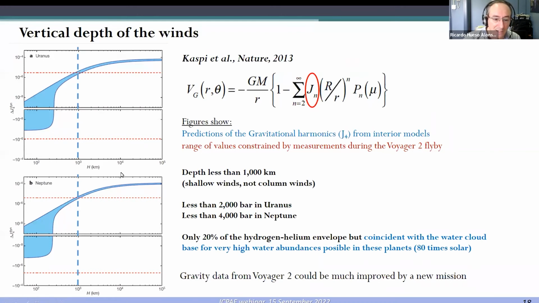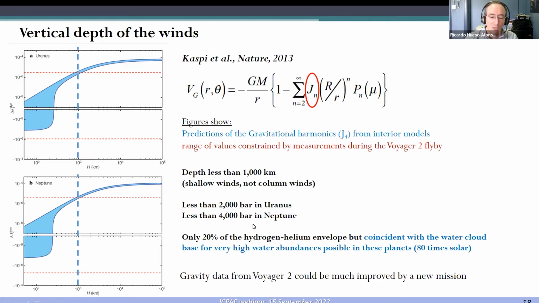And some papers use that information to try to constrain how deep the winds go into the atmospheres. And the base analysis is from this paper in Nature by Yohai Kaspi and collaborators in 2018, in which they predict that the winds in these planets are going to have a depth of about 1,000 kilometers, shallow winds. And this is important because it will be like 2,000 bars in Uranus, 4,000 bars in Neptune, sorry.